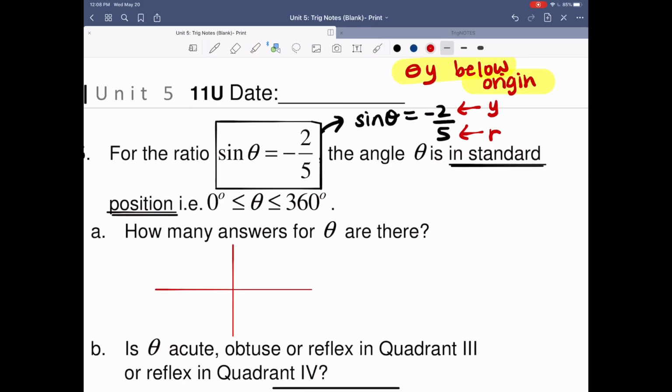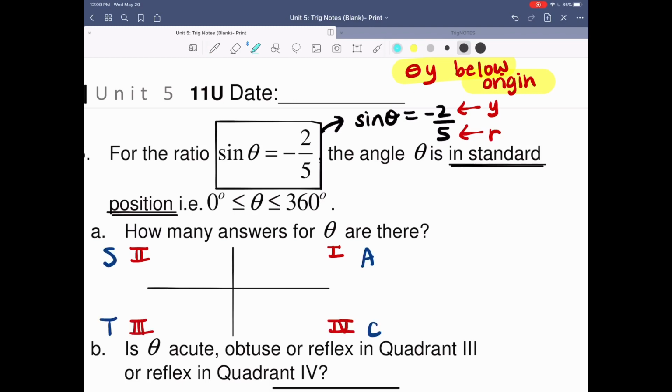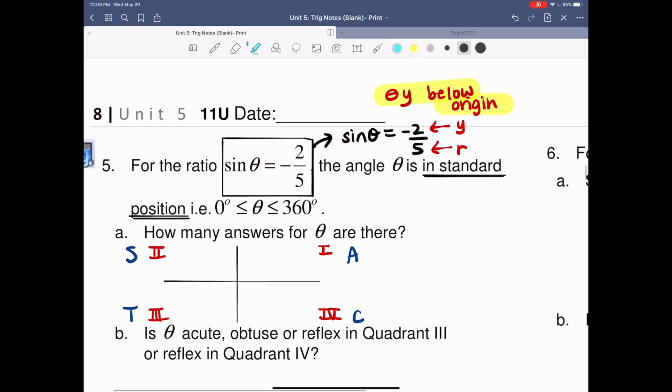The x and y axis. And sometimes I like to write the quadrants. So for now, I wrote my quadrants and the CAST. And CAST is telling me that my sine is positive over here, but negative on the bottom.